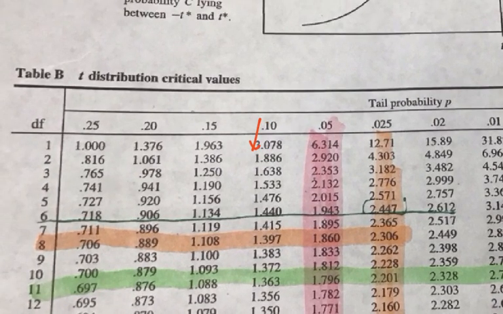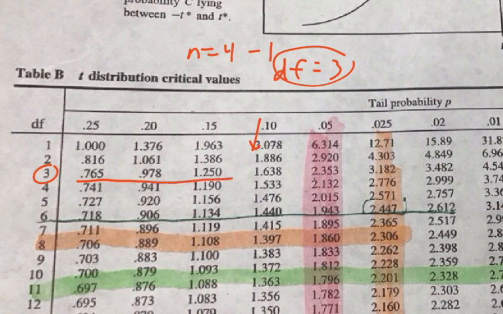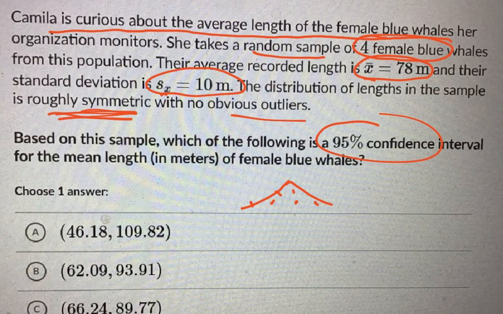Remember, if our sample size is 4, we're going to subtract 1. Our degrees of freedom is 3. So we're going to look at 3. We're going to go across until it matches the 95% at the bottom. Our value is 3.182. So, long story short, we're going to take our point estimate, 78.